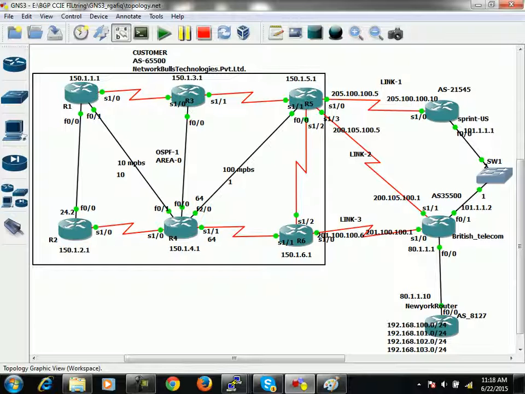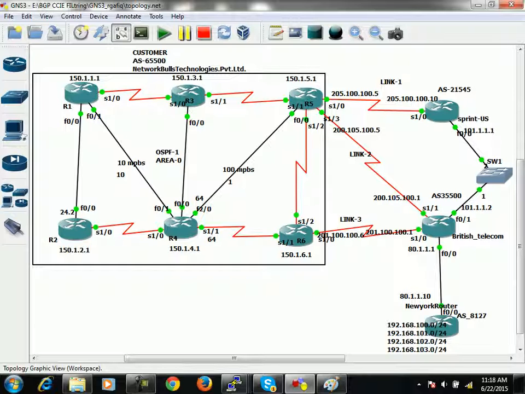If IBGP would have modified its next hop address, what could have happened? Traffic would start to go in the direction of R1, and then R1 would send it back in the direction of R5, and unnecessarily latency will be higher.